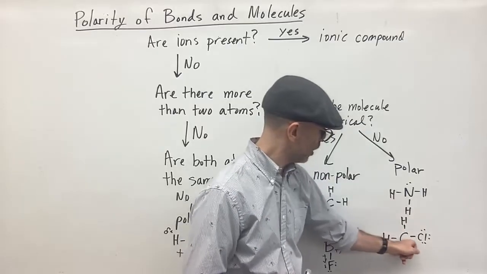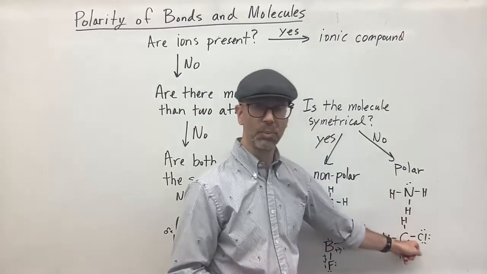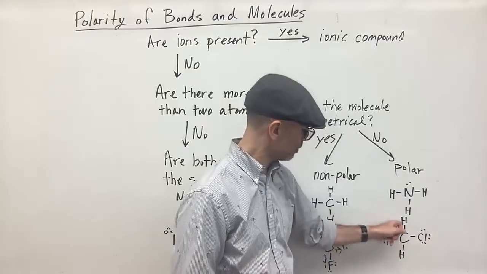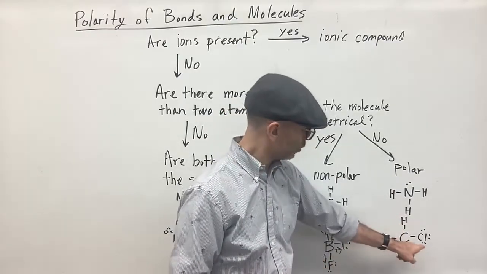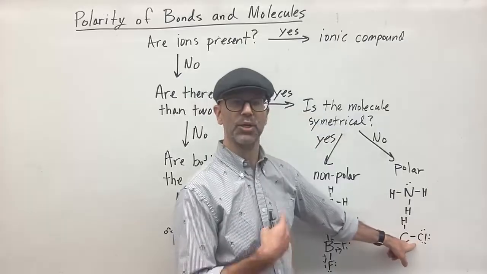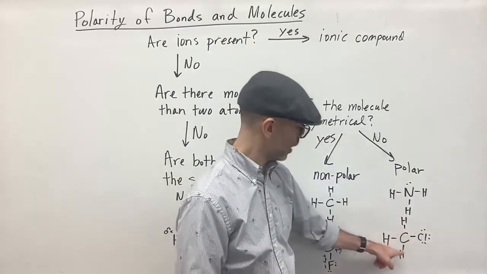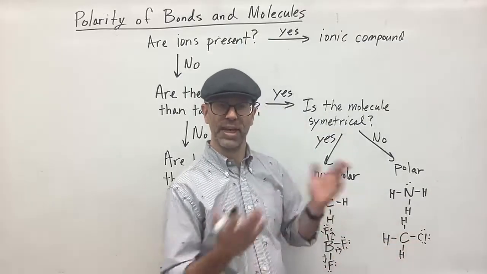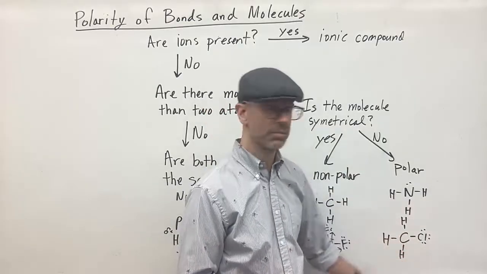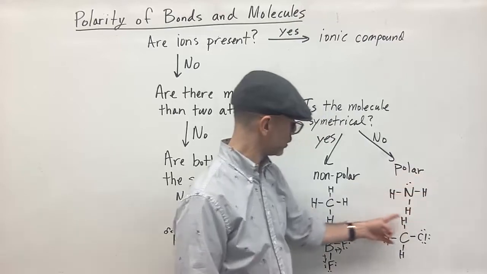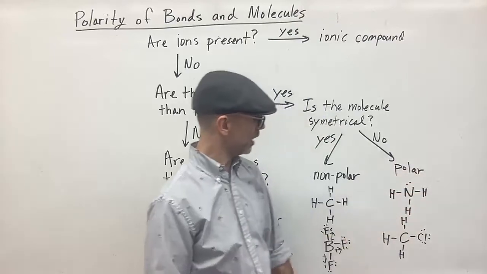This bond is more polar than these 3 bonds. If we were to assume that these 3 bonds are polar, the polarity in this bond would be greater than the polarity in these bonds, and so you no longer have the cancellation going on because you've lost the symmetry in the molecule. Same with your NH3 that we saw last time.